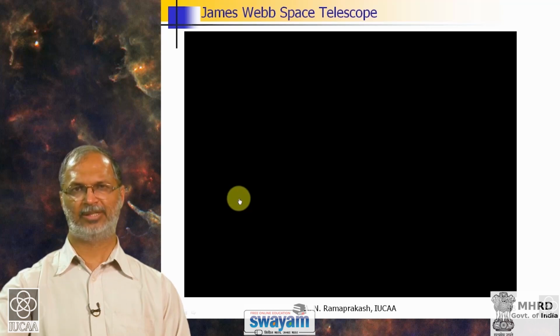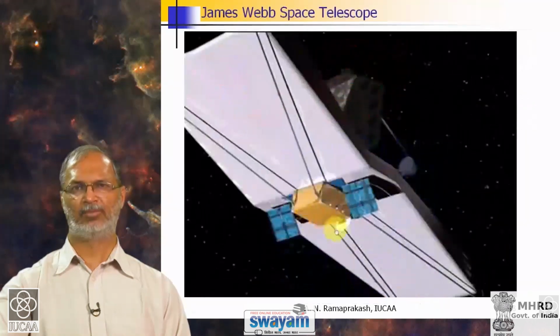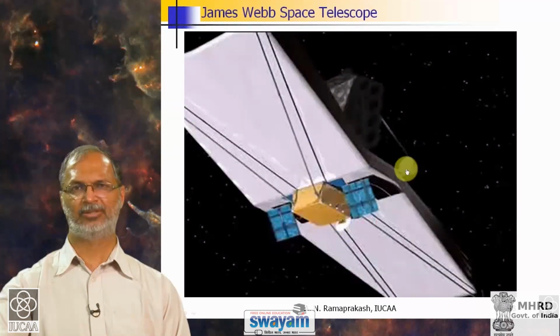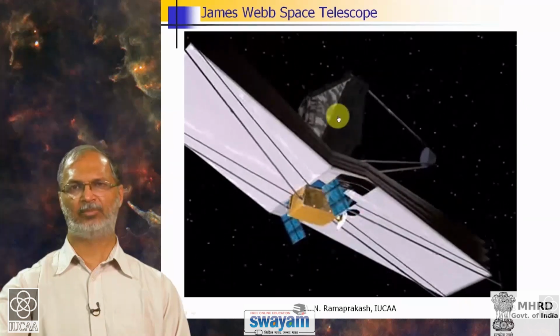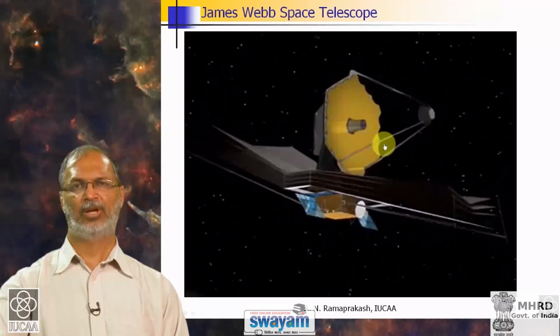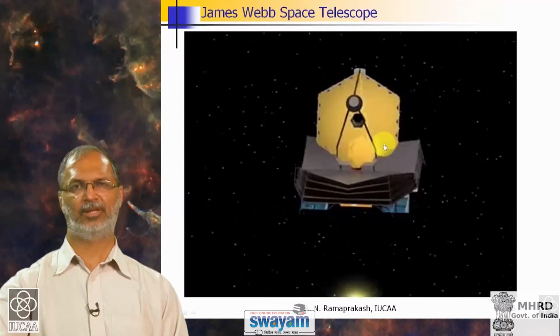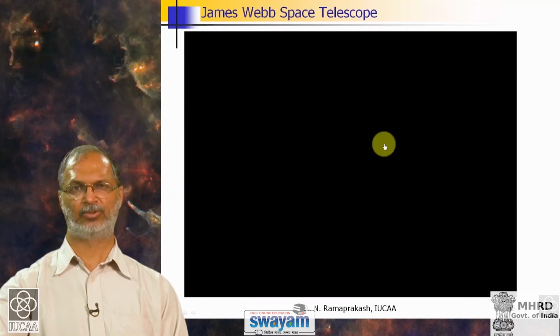It has a telescope of diameter 6.5 meters across, so it is a very large telescope in space, and it will allow you to study objects in the sky without being affected by the atmosphere.